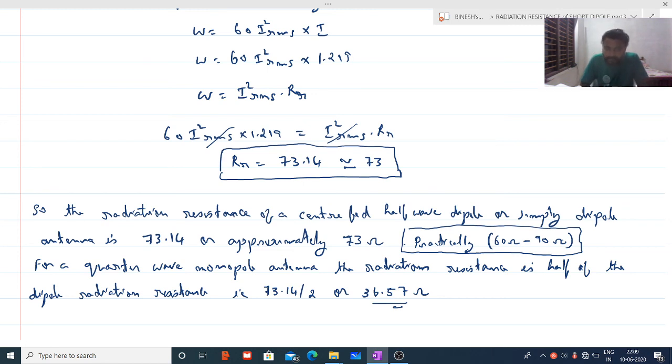Now some small topic is there, the measurement of antenna, like measuring S parameter, gain, directivity, impedance, and all those things. That is only theoretical here. In actual practice, you should design the antenna and measure it using the VNA, that is the vector network analyzer.